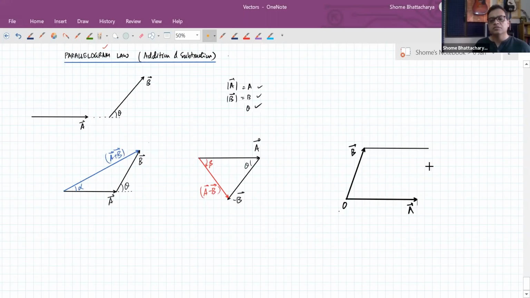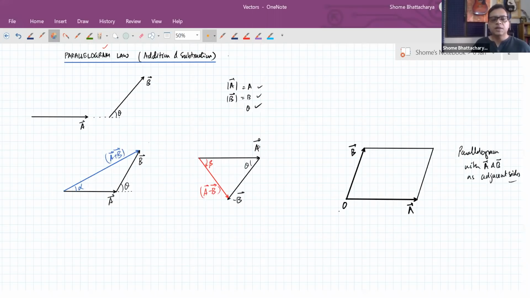So this is the vector parallelogram formed by A and B. This is the parallelogram with A and B as adjacent sides.